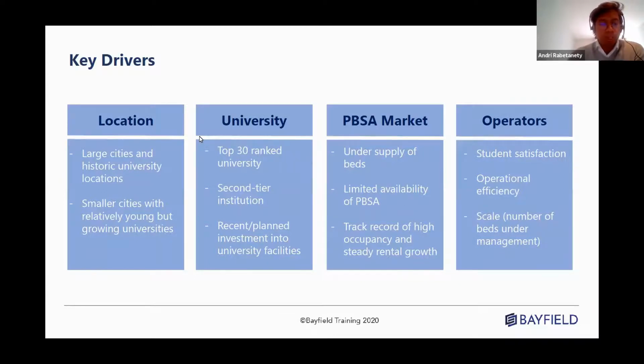Another component other than student growth is also tuition fee. Tuition fees have grown 247% since 2012, 2013. And it has become a key component of the university income, representing 49% of university income.